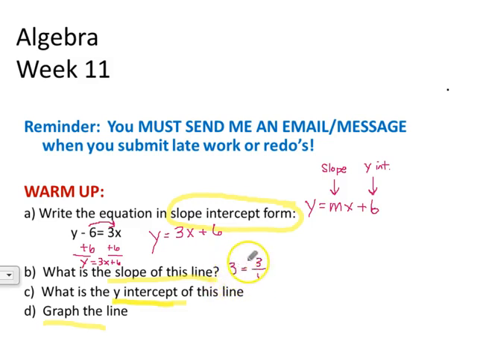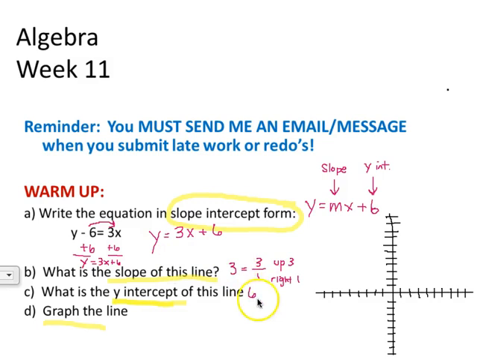Because if you have the slope as 3, remember that it's 3 over 1 so that we know that we're moving to the right one. So this slope tells us that we're going up 3 and to the right 1. What is the y-intercept of this line? It is 6. Our constant term is 6, so the y-intercept is 6. So now we can go ahead and graph this line.